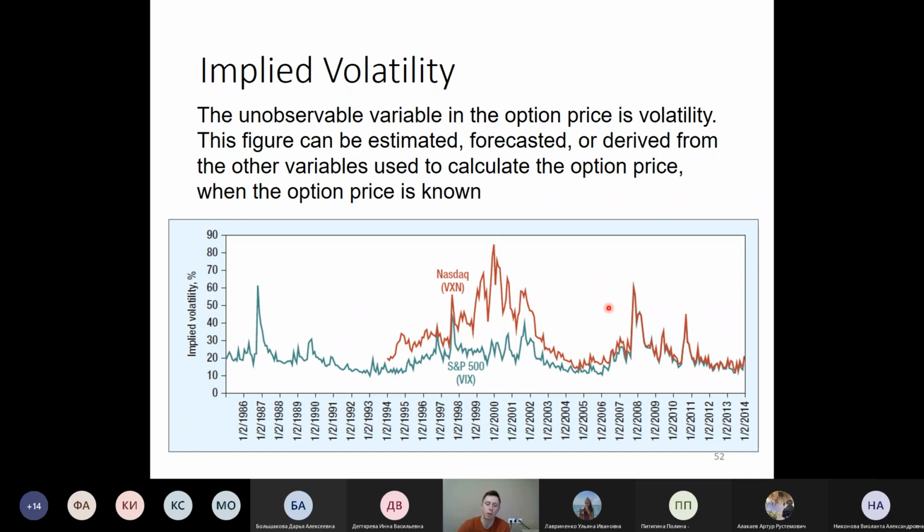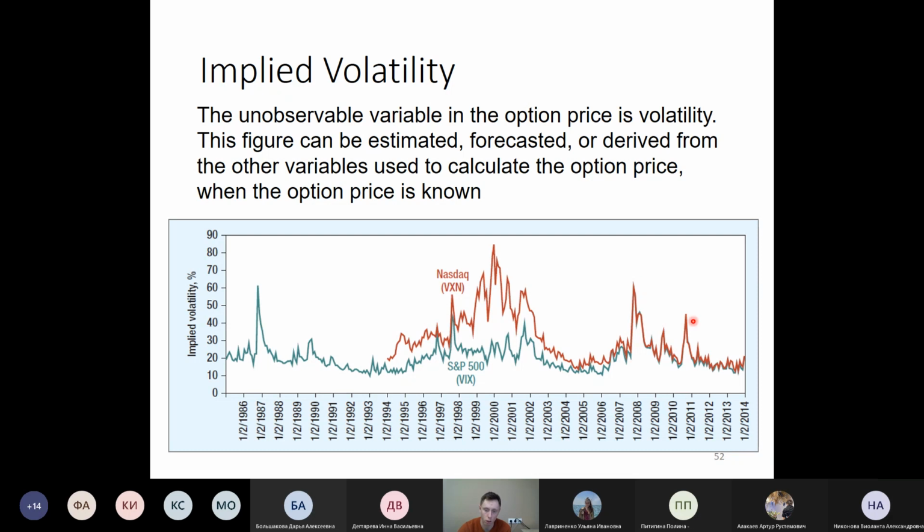And you can see this volatility index of S&P, volatility index of NASDAQ, estimated as an option price on such types of assets. So when you are interested in the current estimation of the risk on the market, you can look for the options on, for example, those indexes, and the value of the option is a good sign of the current state of the risk.